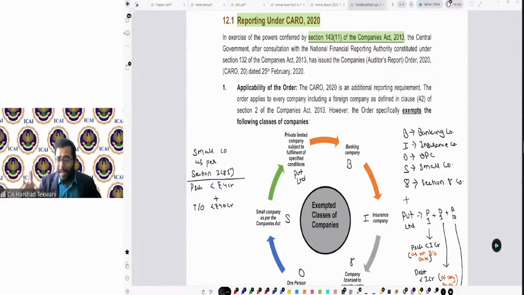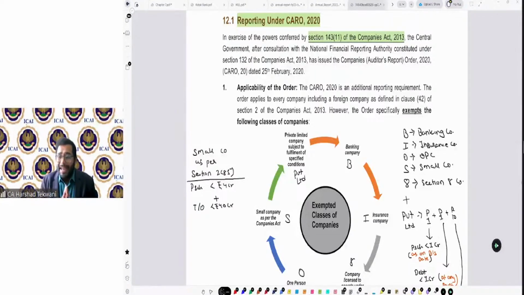For example, at times the auditor may report a fraud to the central government. The company might come up and say that you have not complied with the terms and conditions of confidentiality, or you have done this to tarnish the image of the company, so that the company's share price can fall in the market, something like that.